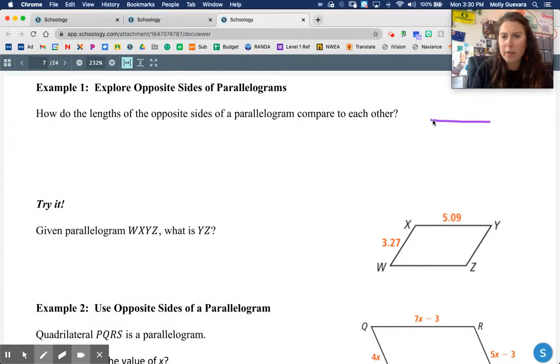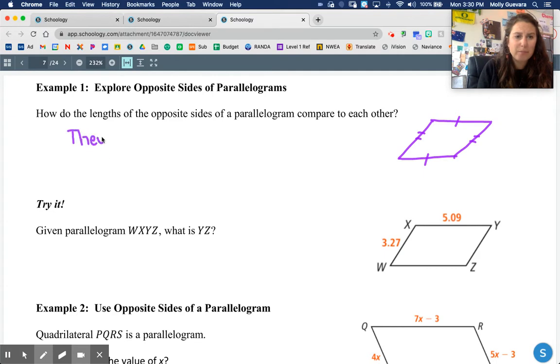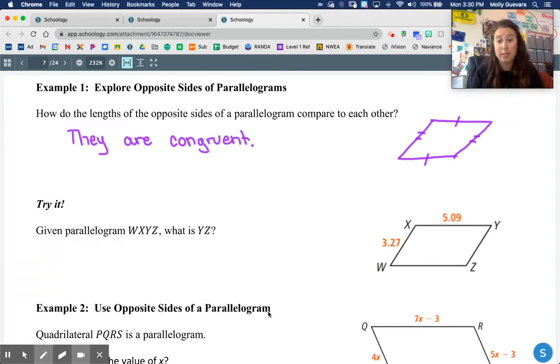If we think back to what we just wrote down, the lengths of opposite sides are the same. We can say they are congruent. So the lengths across from each other are always the same.